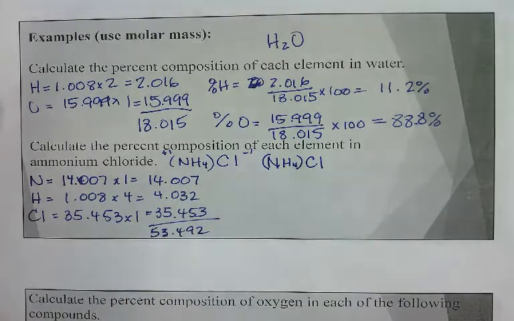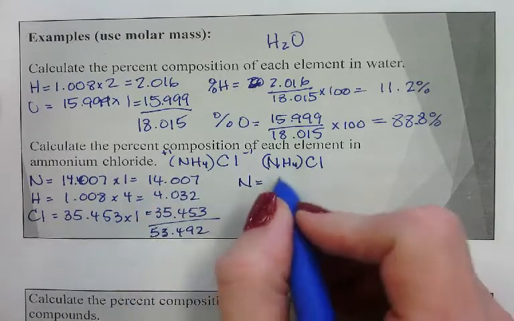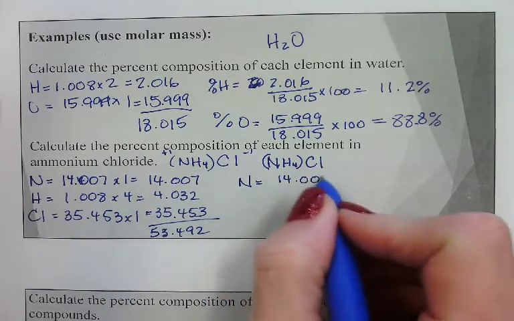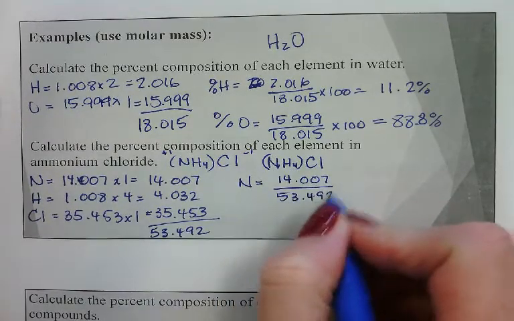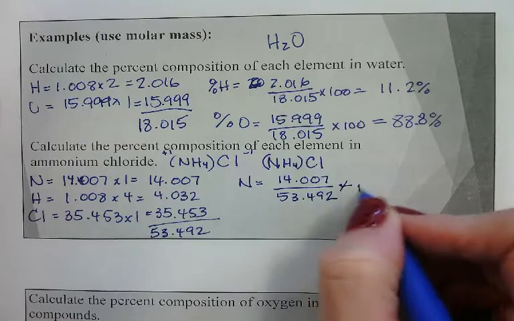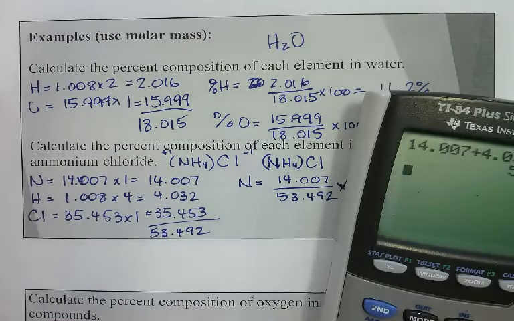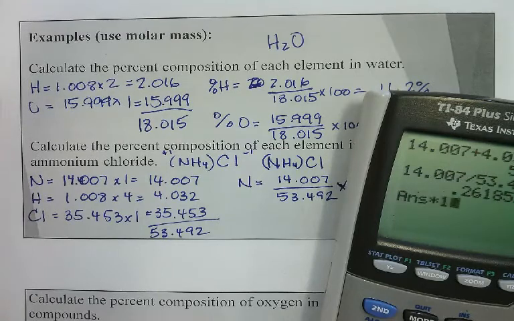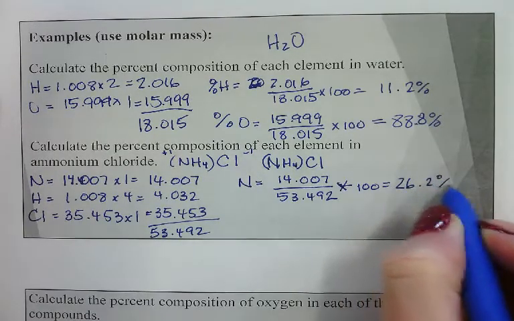So we do the part divided by the whole times 100. We'll start with nitrogen. The part is 14.007, the whole is 53.492, times 100. So 14.007 divided by 53.492 times 100 is 26.2%.